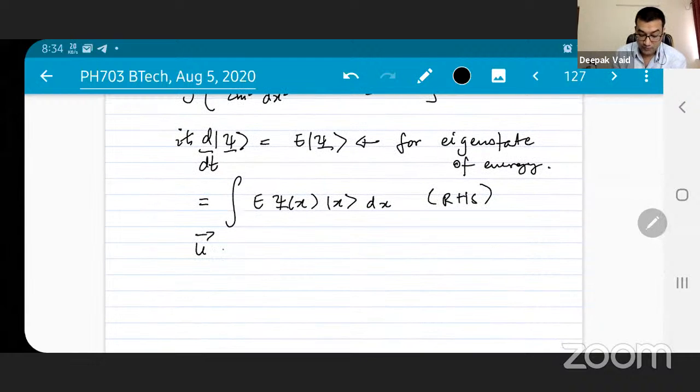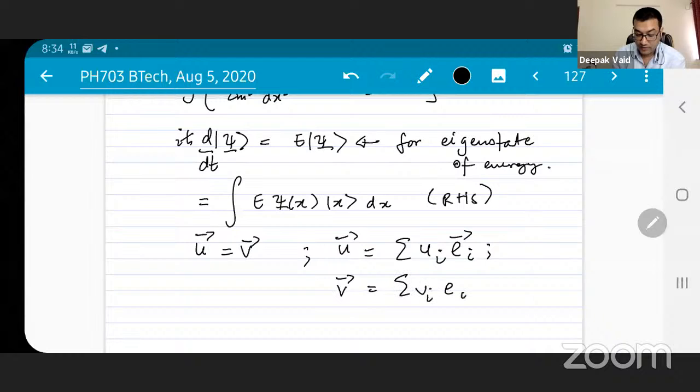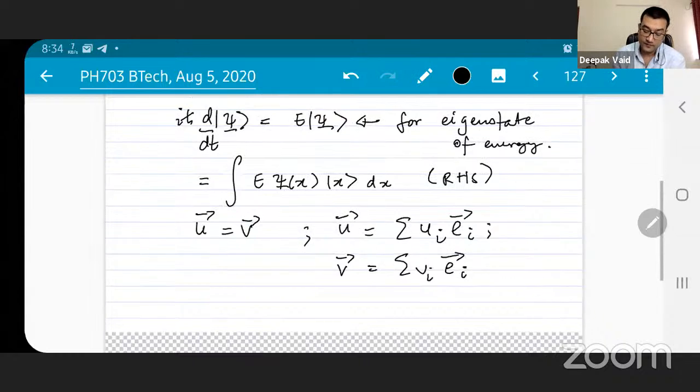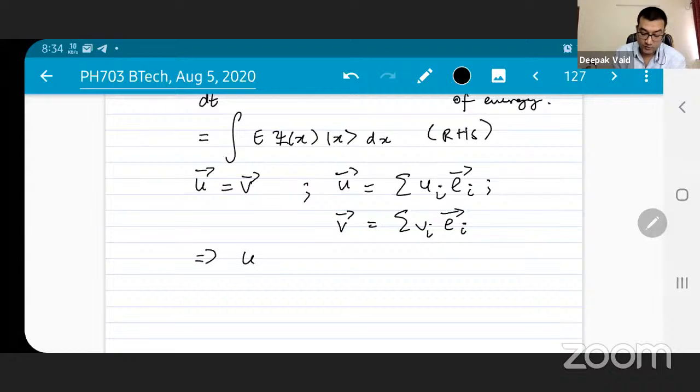when you have u is equal to v, and u is equal to, let's say, the summation of some coefficients u_i e_i, and v is equal to the summation of v_i e_i, then this is only possible if u_i is equal to v_i for all i, right?